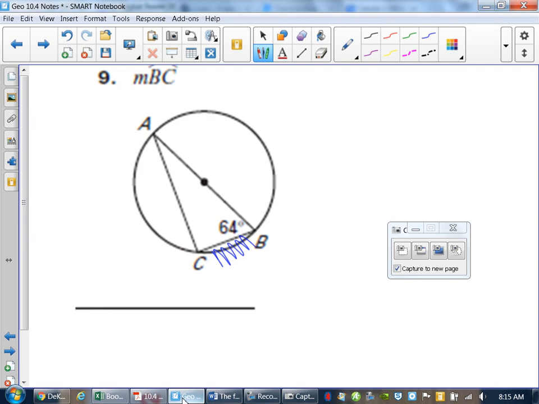It's how much? 90, good. Angle C has to be 90 degrees because it runs into a diameter. That makes angle A then, well, remember, 64 and something have to be complementary to one another. So it is 26. The angle is always equal to half of the arc that it runs into. So if the angle is half the arc, that means if you double the angle, you get the arc. And you get 52. Good.